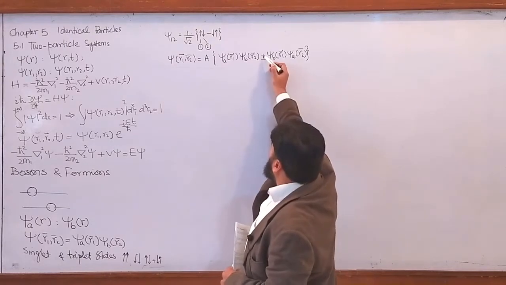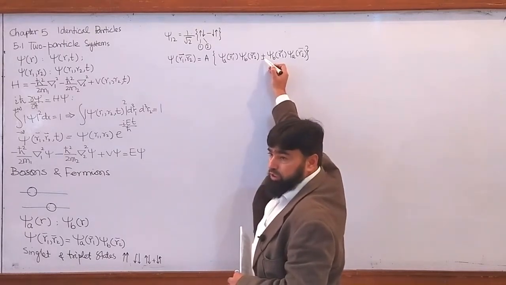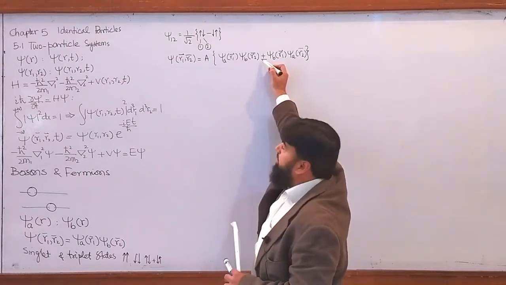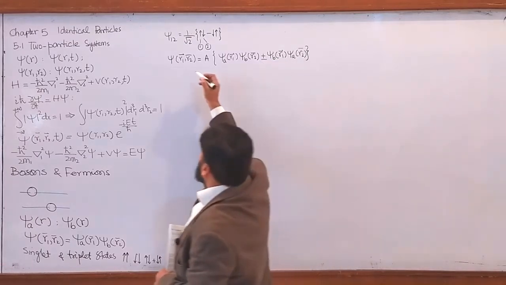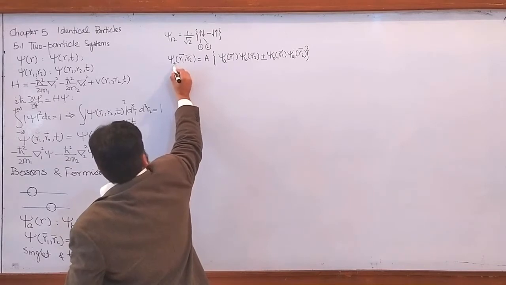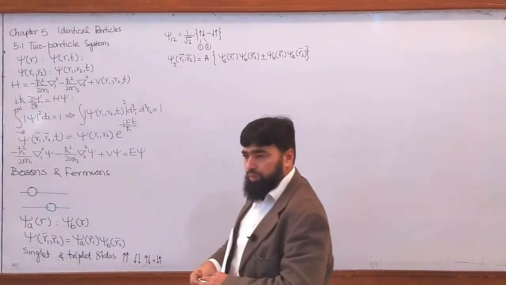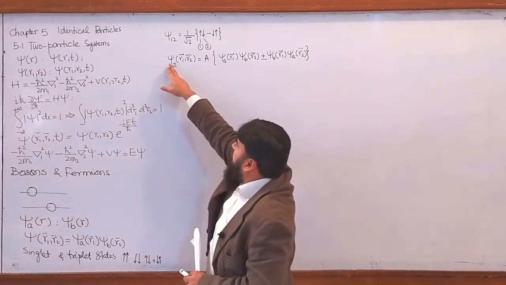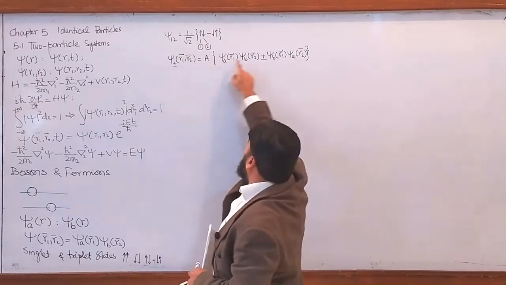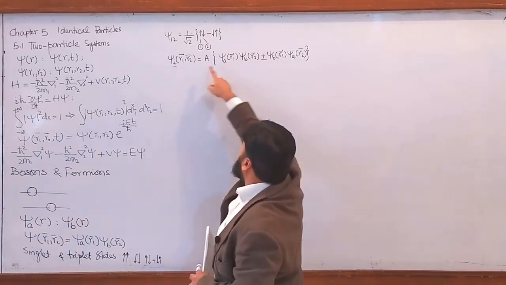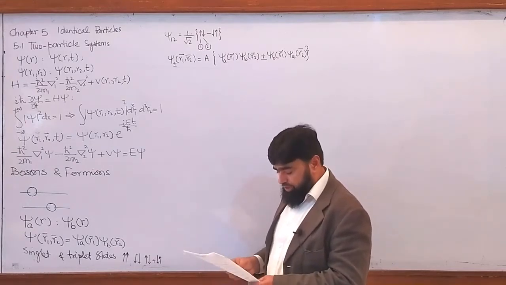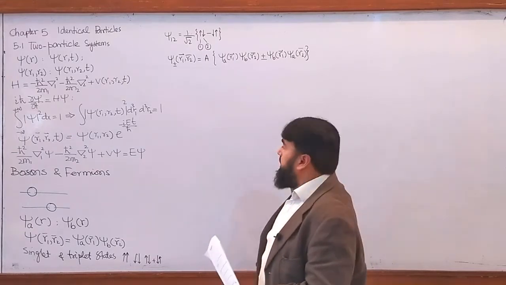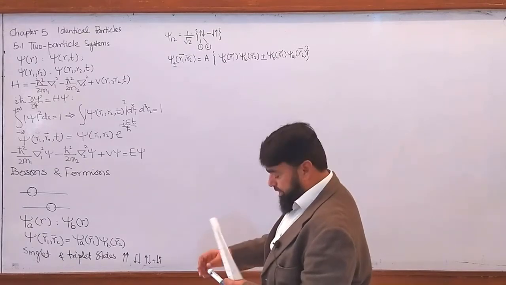So I can put plus and minus with such a coupled state in which I cannot say which particle is in which state. I will write plus minus here as well. So I will represent psi plus with a plus sign here and psi minus with a minus sign here. And this will give me further information.